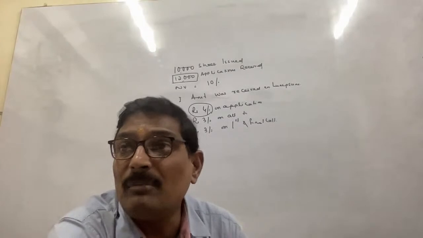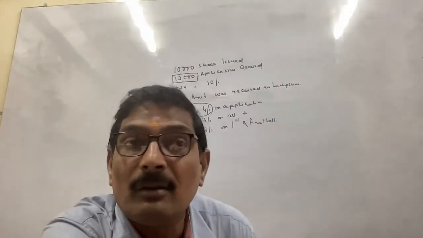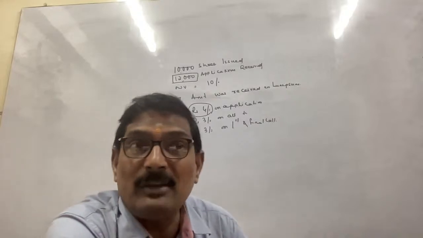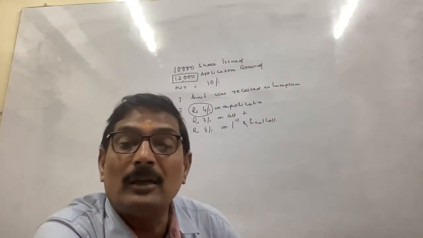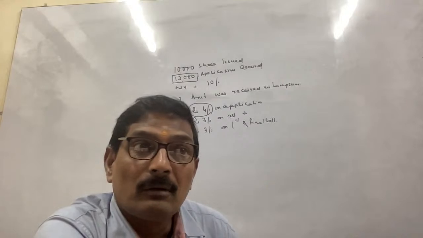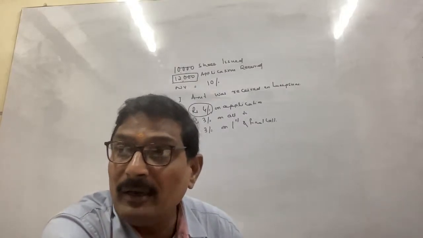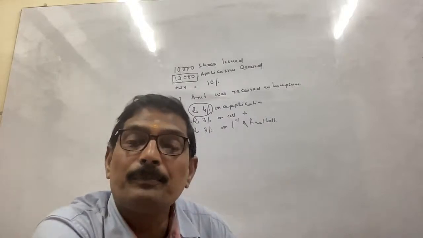Lump sum I am saying, but none of you raised any question. The entry was wrong. When we receive the money in lump sum, the entry will be bank account debited to share application and allotment, 12,000 into 10.